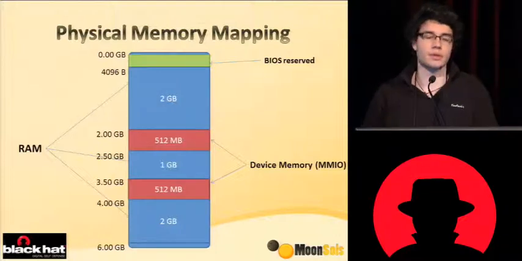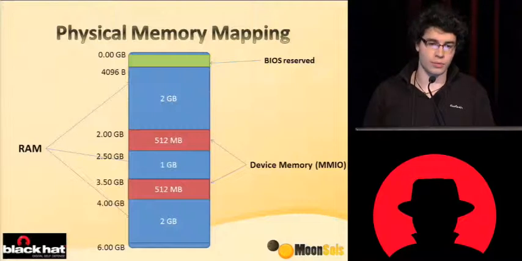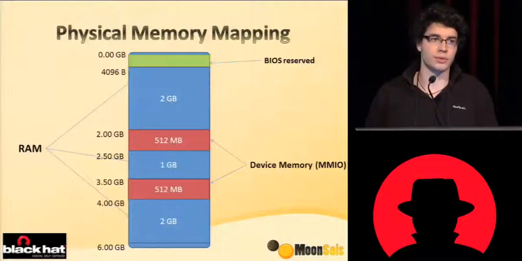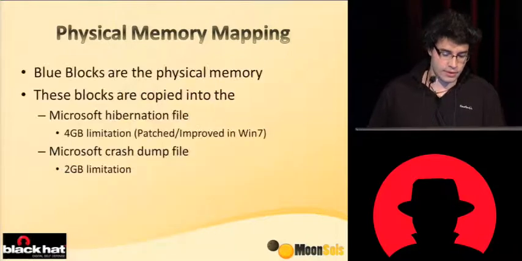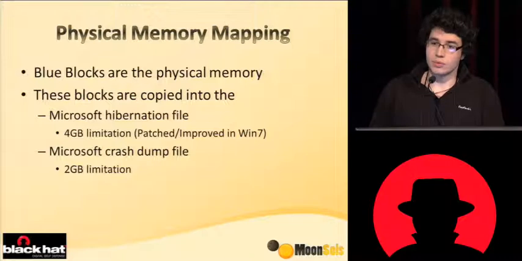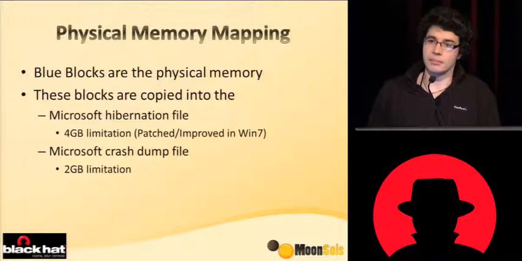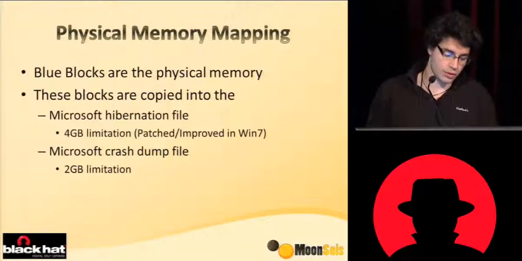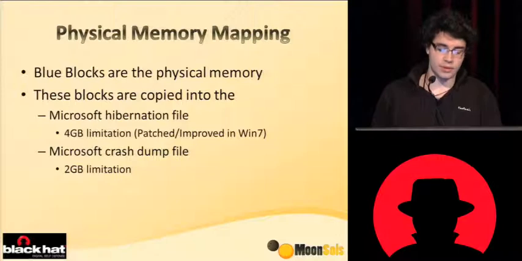This is where the user-land address space of every application and the kernel address space are stored. So the blue blocks are what we are looking for and what we really want. This is what we can retrieve inside the Microsoft hibernation file or in the Microsoft crash dump file.